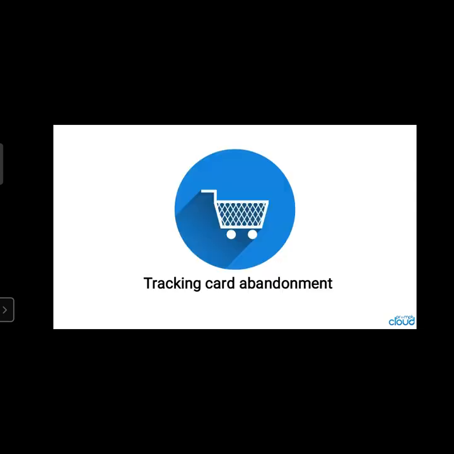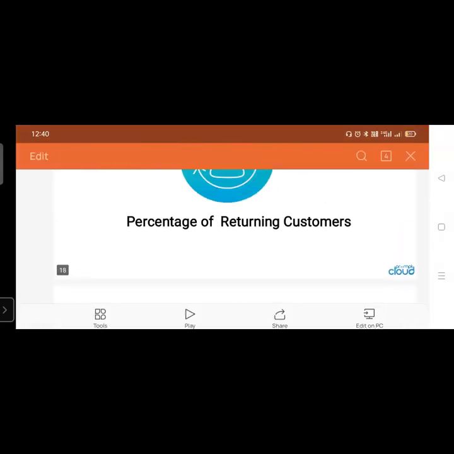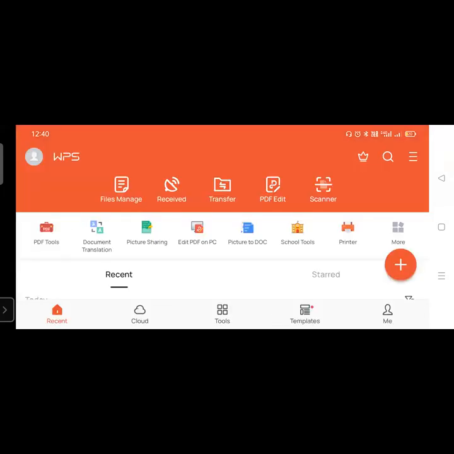Now, tracking cart abandonment. This particular factor you have to understand without any confusion. Please try to understand what is meant by it.